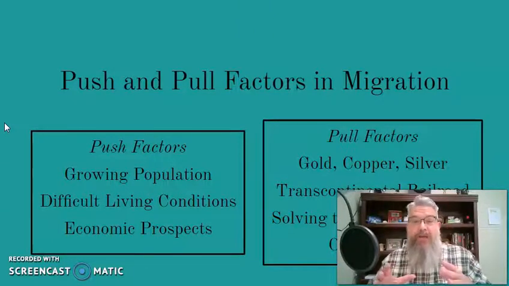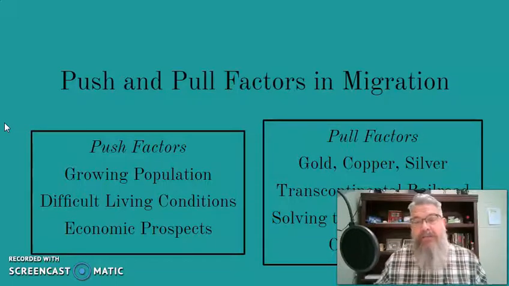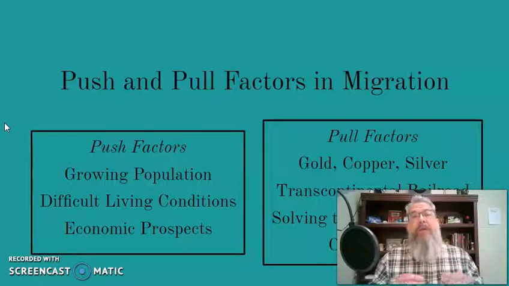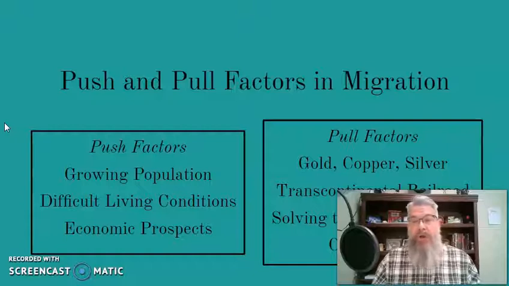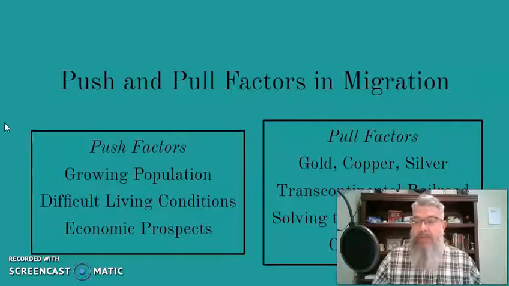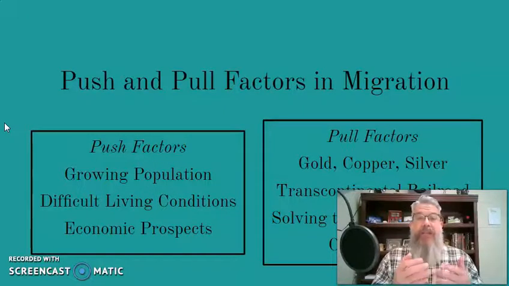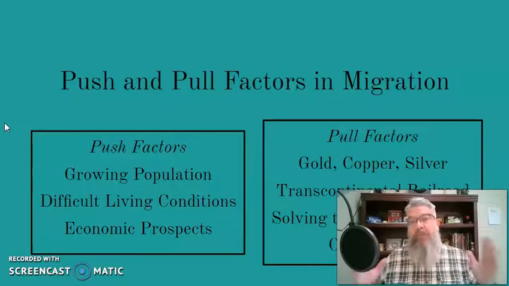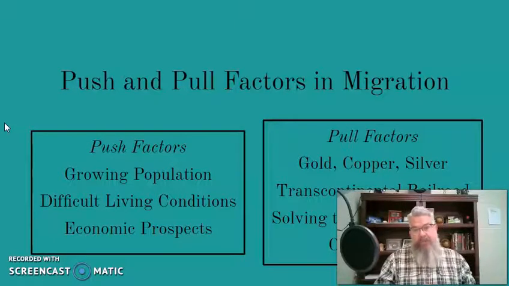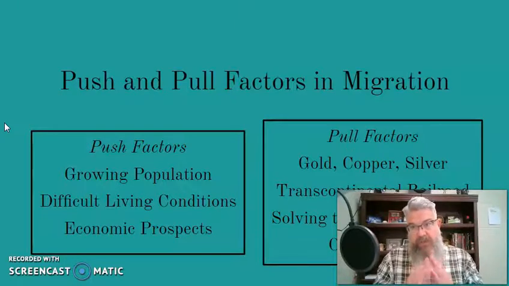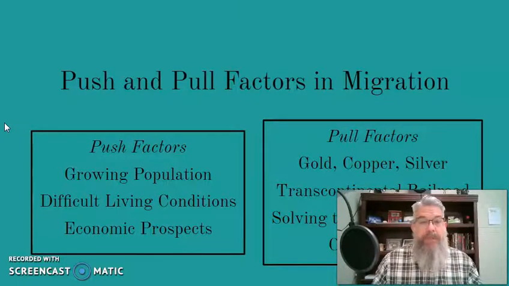How do we corral these Native Americans into areas that they won't become a problem for white settlement in the West? And then, of course, we mentioned the Homestead Act, which provided cheap land for people and an incentive for people to move. So these are the push and pull factors. We could probably expand this list to many more, but these are probably the big ones and the ones that are most important to remember at this point.